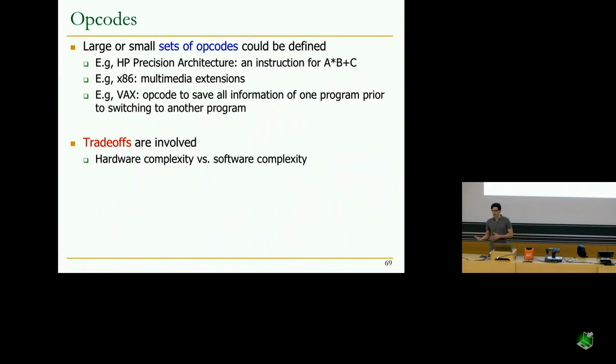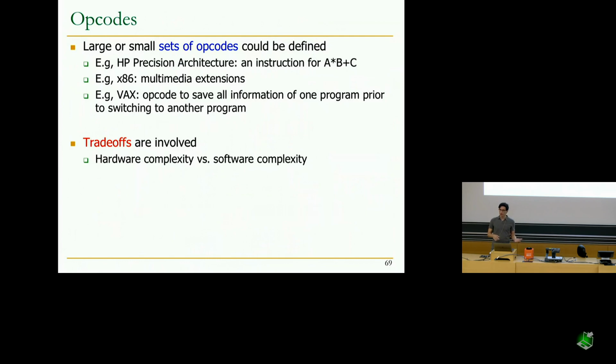But the good thing is that the hardware complexity will be much smaller. The microarchitecture that we need to execute those instructions will be much simpler. LC3 is an example of that. Where is the burden in that case? The burden is probably on the compiler or the programmer, who needs to write or generate programs that are much longer.